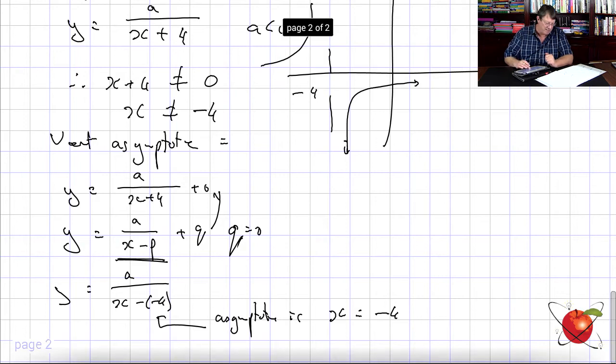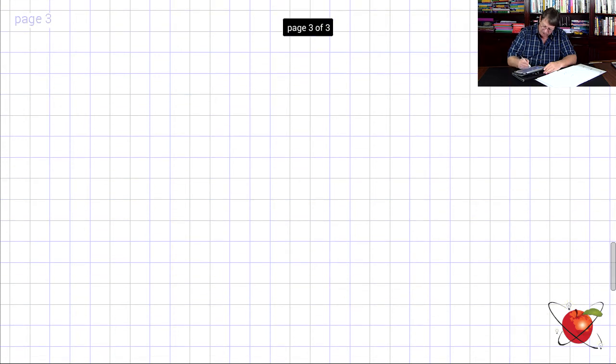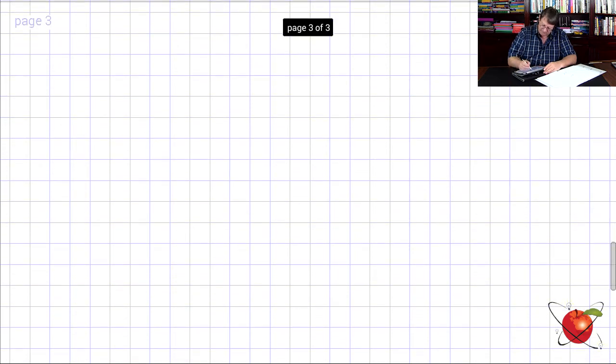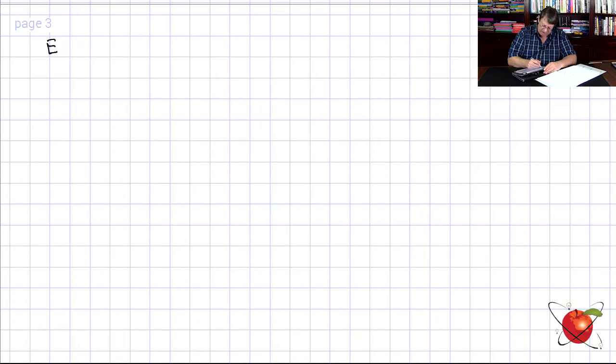Okay. Now let's have a look. I need a new page. Let's put it together. Let's do an example together. Remember, the whole purpose of these is we work it together.